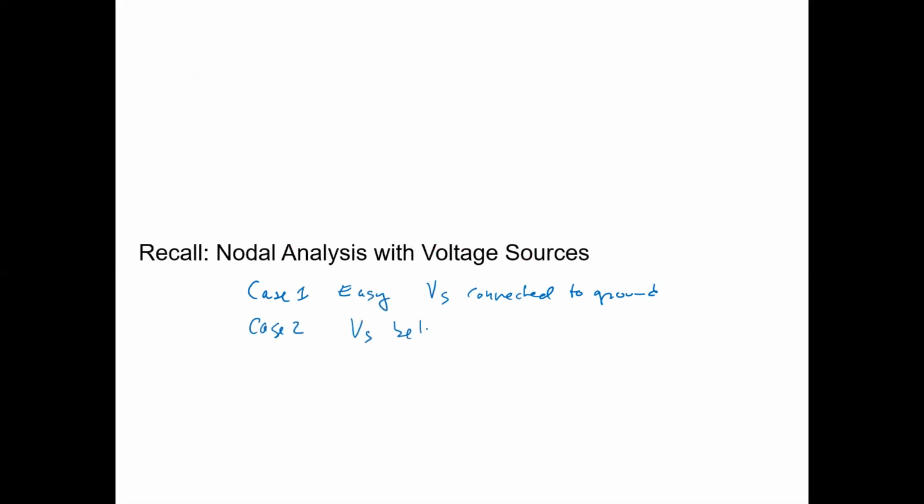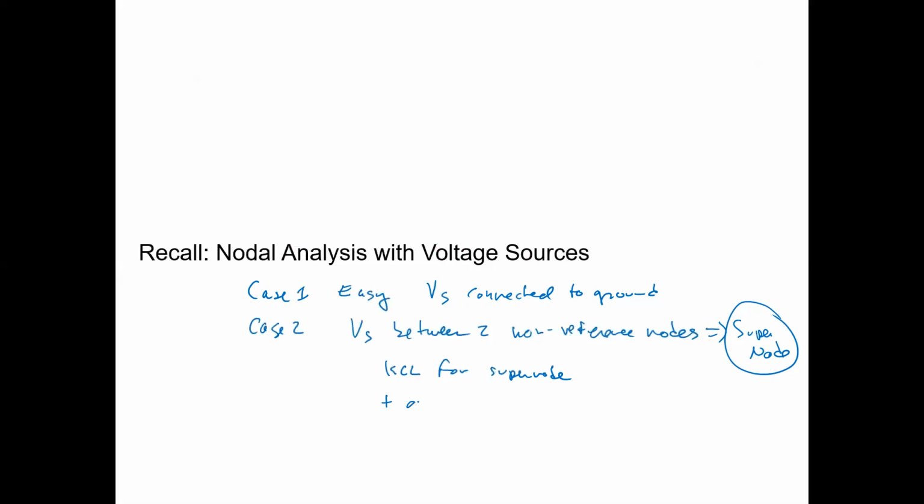Vs is between 2 non-reference nodes. And that's when we decide to make a supernode, and basically do KCL for the whole supernode, and an additional equation which we get from that voltage source by inspection.